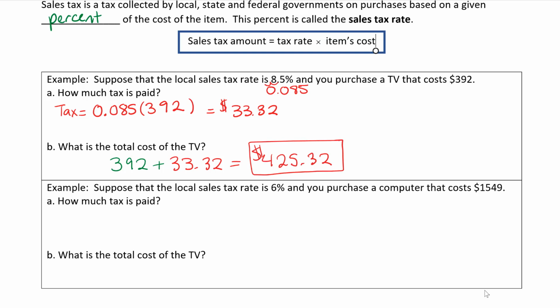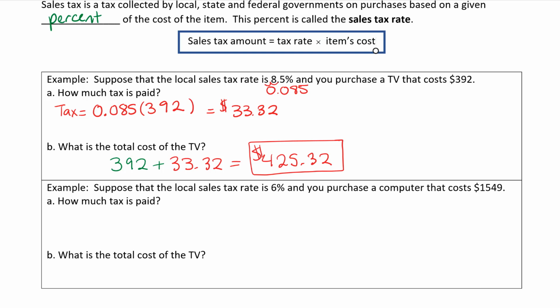So when you look at the price tag, when you're picking out your TV, it probably says $392. And then when you go up to the register and you pay for the TV, and they charge you $425.32, that's because you're having to pay the sales tax on top of your cost of the TV. Let's do one more example.